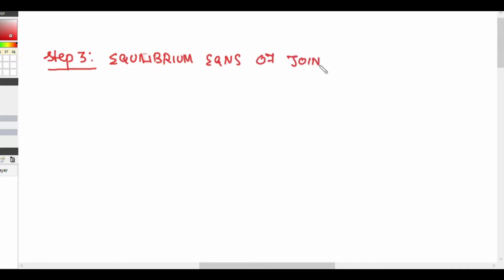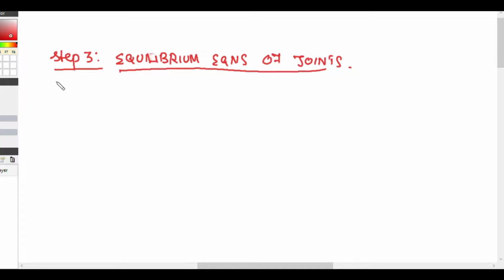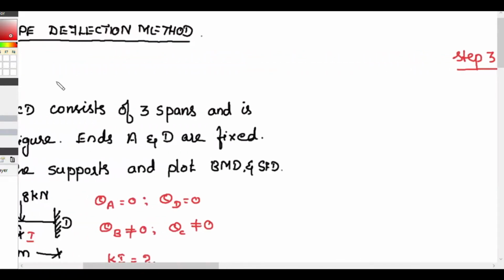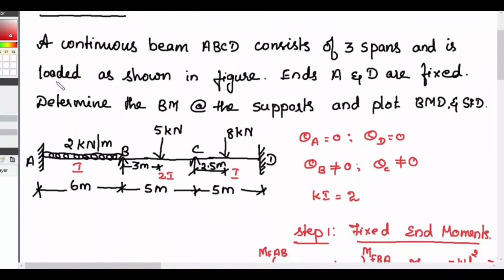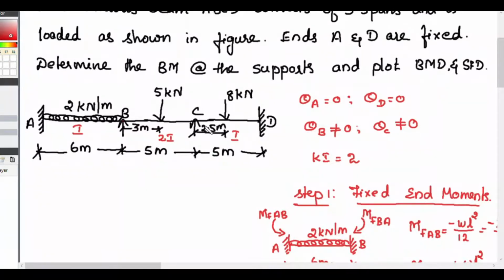So we have two intermediate joints, joint B and joint C. You can see here in the diagram, at B we will have our moments like this, and at C also we will have a moment like this.